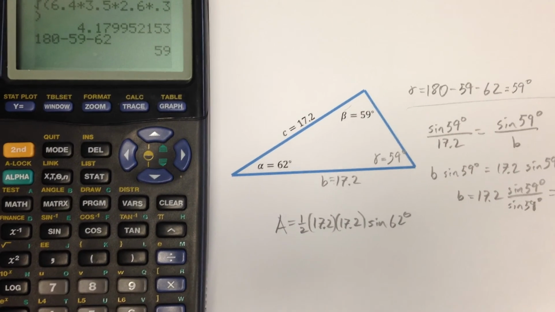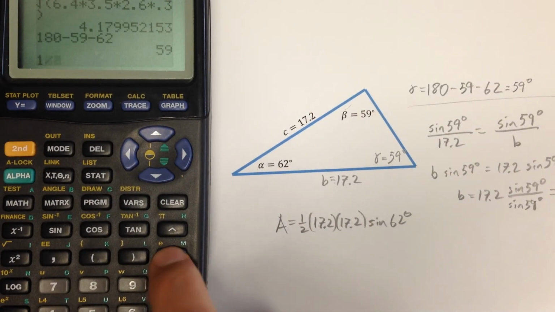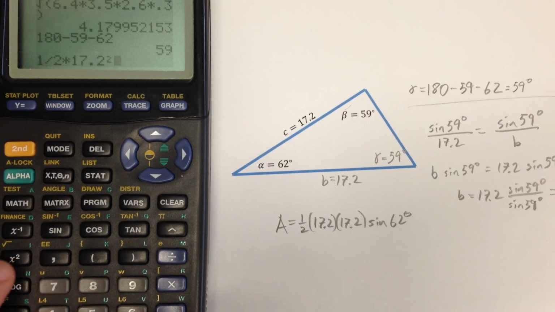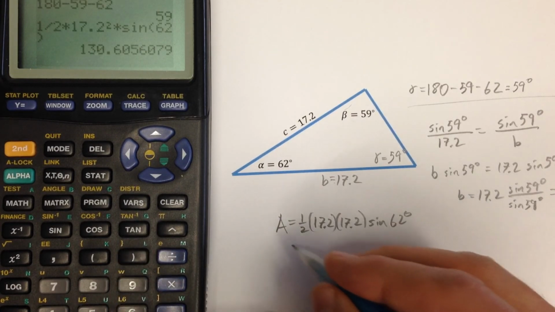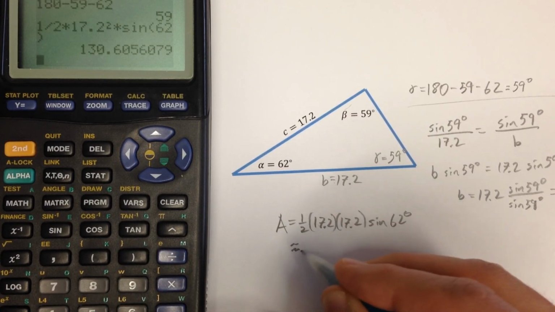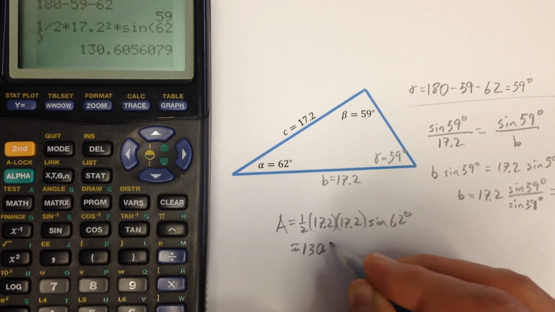So I'm going to type that in, 1/2 times 17.2 squared times the sine of 62 degrees, gives me an area that's approximately 130.1.